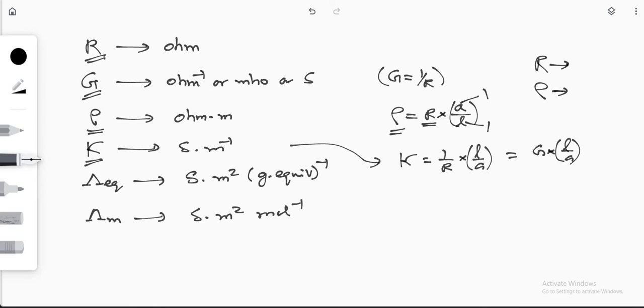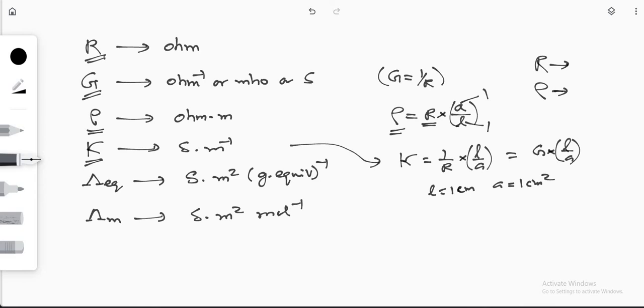Suppose L is equal to 1 centimeter and A is equal to 1 centimeter square, then the volume between the two electrodes is 1 cc. If L equals 1 centimeter and A equals 1 centimeter square, then the volume of solution present between the two electrodes is 1 cc.